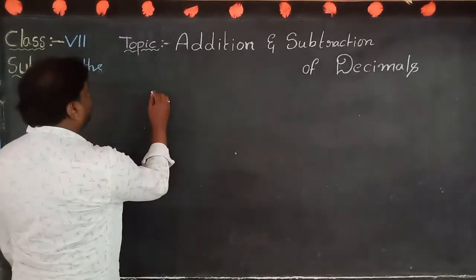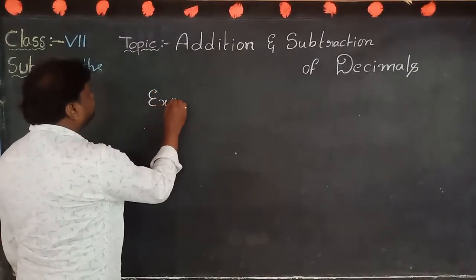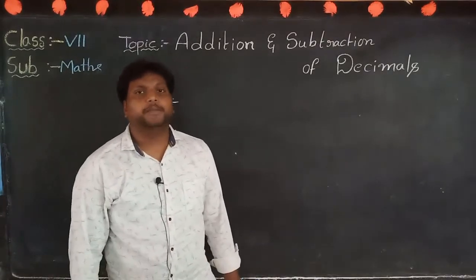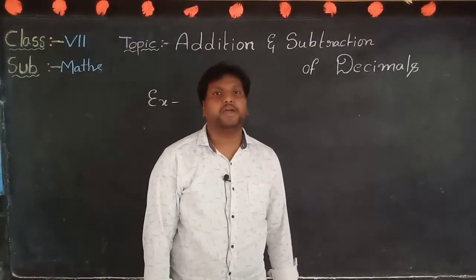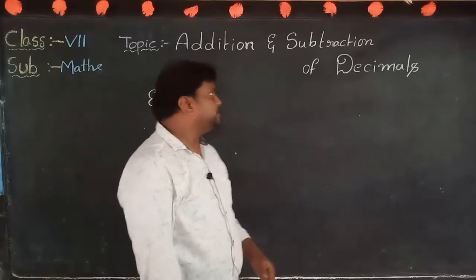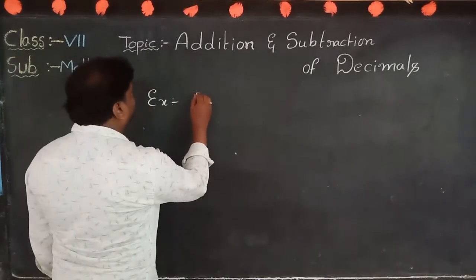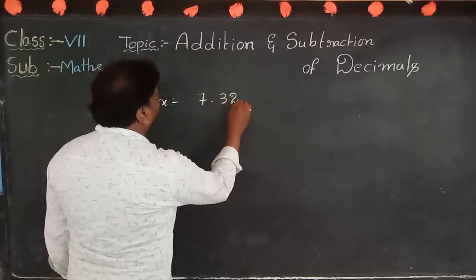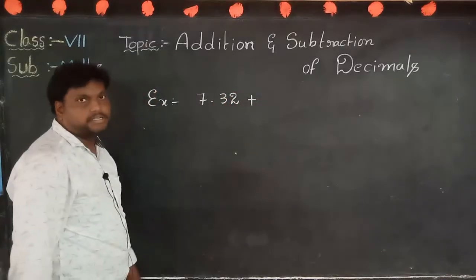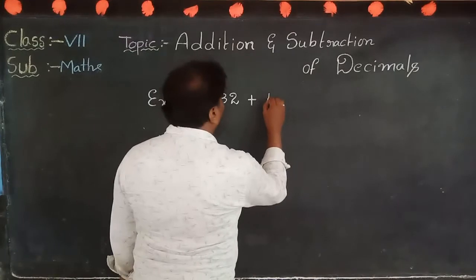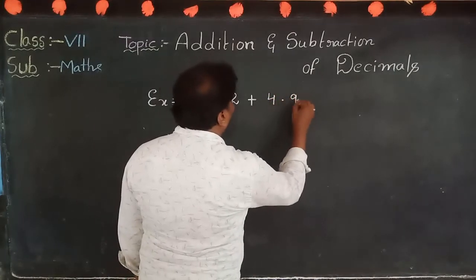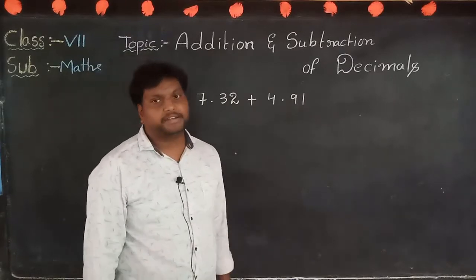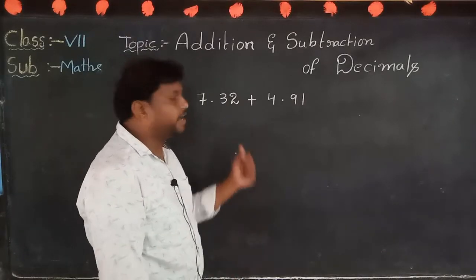Actually now I will take one example. In normal addition we have to depend upon place value to add the given numbers. In decimals also, for example 7.32 plus 4.91, we have to add these two.